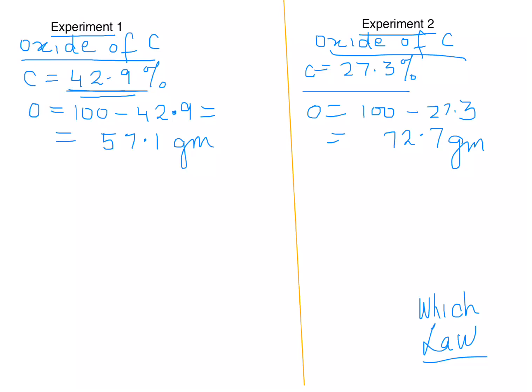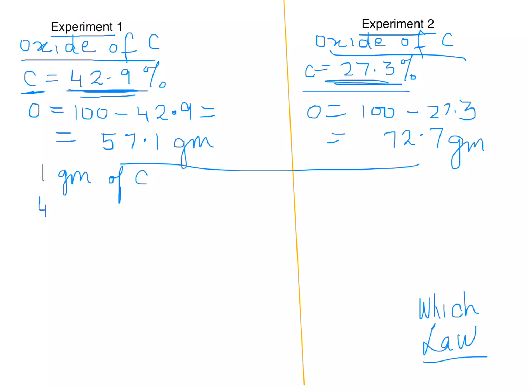Now, if you see over here, the percentage of carbon in both the cases is different. So how do I compare? We can't compare 57.1 and 72.7 because we are not talking about the weights of oxygen combining with the same weight of carbon. So we need to take some constant. Let's suppose the constant that we are taking is 1 gram of carbon.